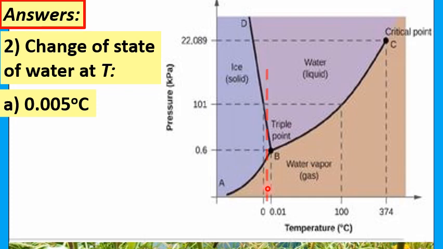So, based on our broken line representation, as the pressure is increased above 0.6 kilopascal, it passes through the state of being a solid, and with further increase in pressure, way above 101 kilopascal or 1 atmosphere, we find this broken line passing through the liquid state of water.